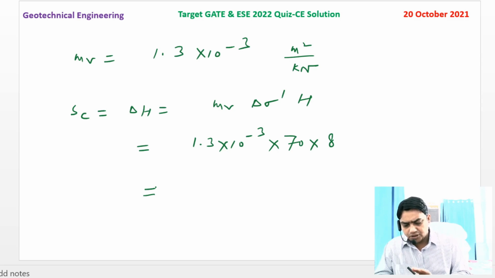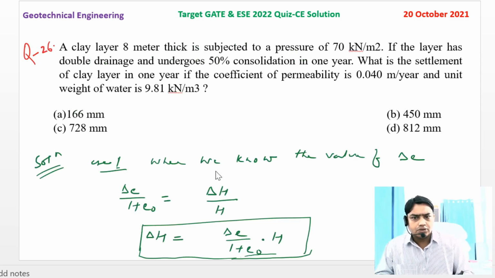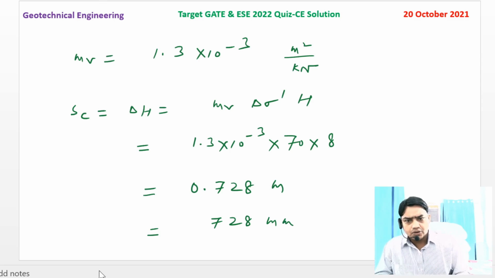So 1.3 into 70 into 8 into 10 to the power minus 3 gives 0.728 meter. In mm, it will be 728 mm. So option C is correct.